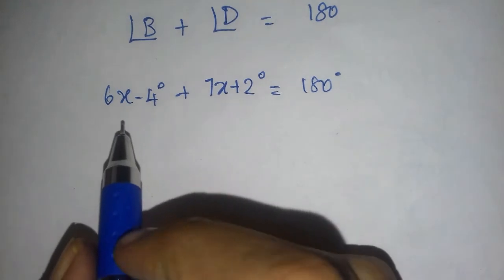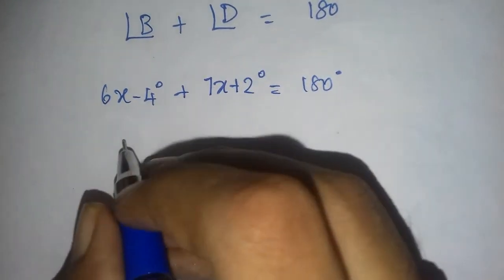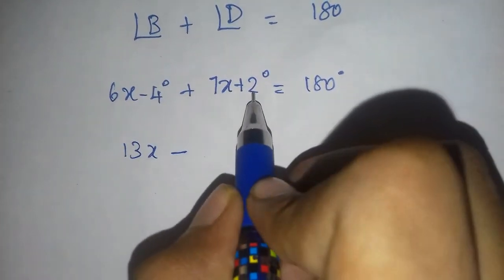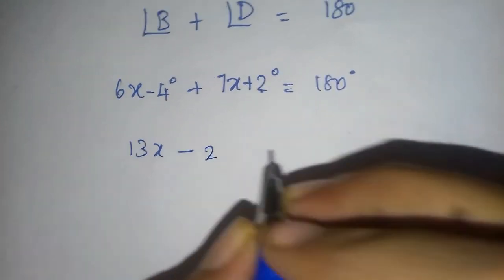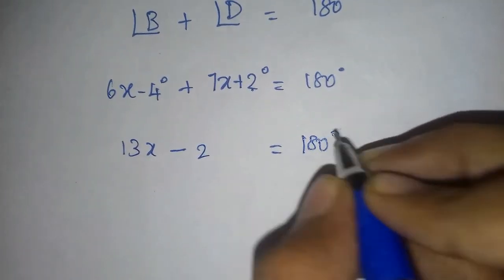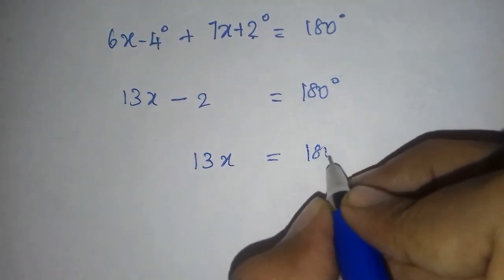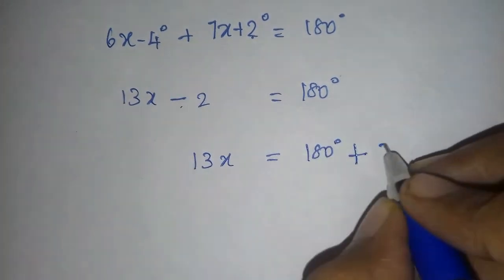Now similarly we are going to add the variables, then the numbers separately. 6 plus 7 is 13x, minus 4 plus 2. So you have to subtract and put the greater number sign. So minus 2 is equal to 180 degrees. So 13x is equal to 180 degrees minus 2 goes there as plus 2.